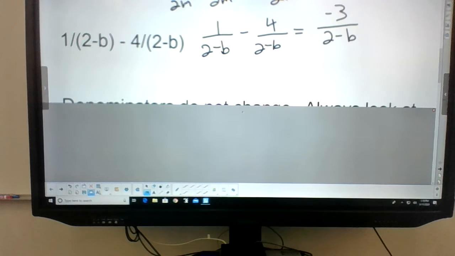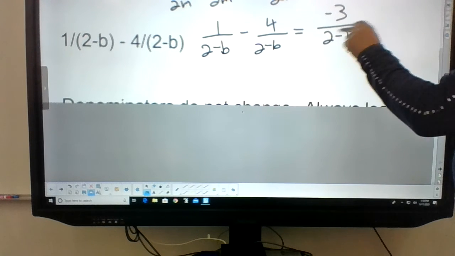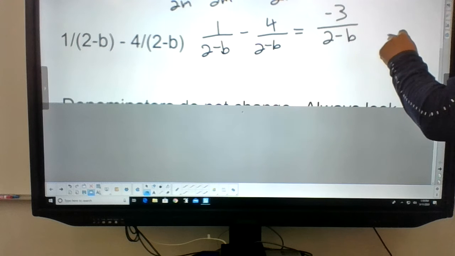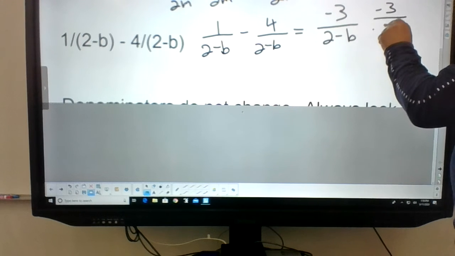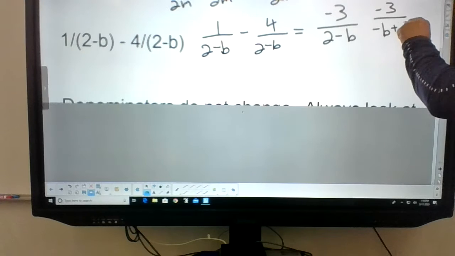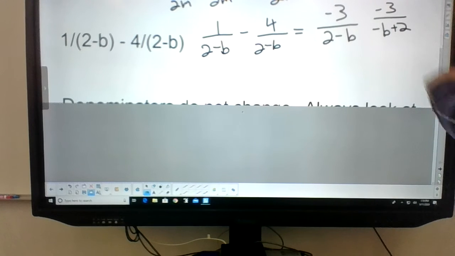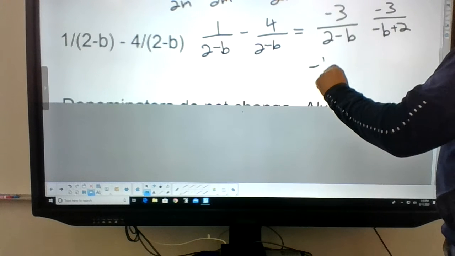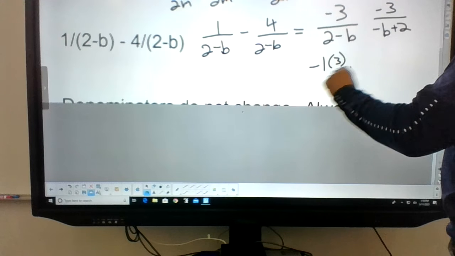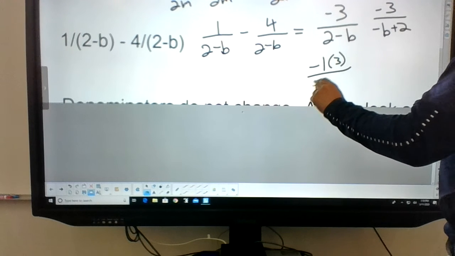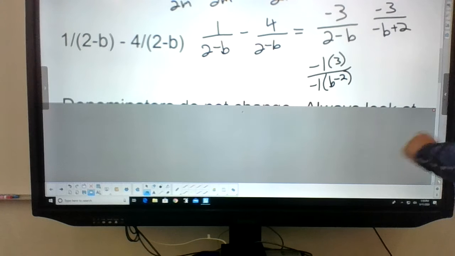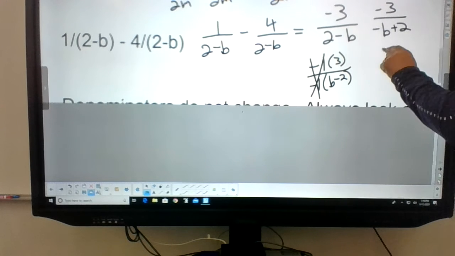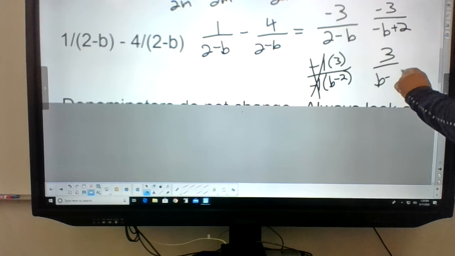Now, I will tell you this, that sometimes when you have a 2 minus b, they like to make that, watch what I can do here. If I leave this negative 3 and make this negative b plus 2, if I factor a negative 1 out of both, so negative 1 times 3, negative 1 times b minus 2, I can cancel this and I have 3 over b minus 2.